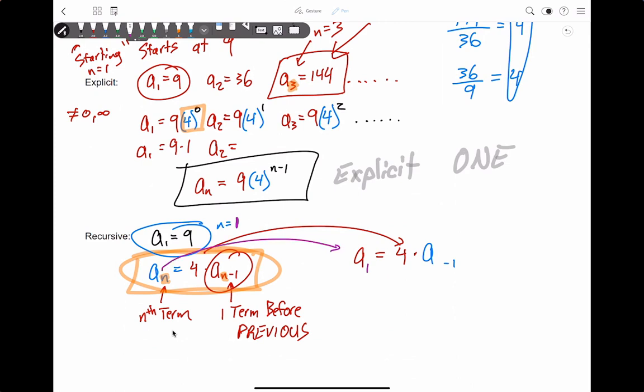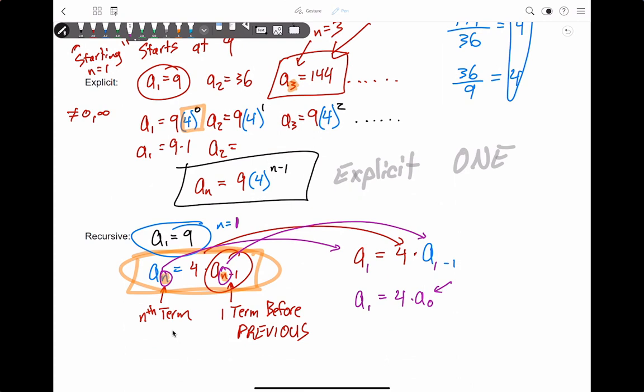Then we put another 1 where this n is, so these two n's. So it'd be 1 minus 1, which is 4 times a naught, which is a sub 1. And a naught in this case is going to be our initial value per se, and our initial value is 9.